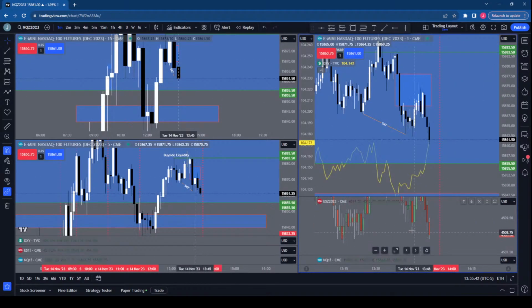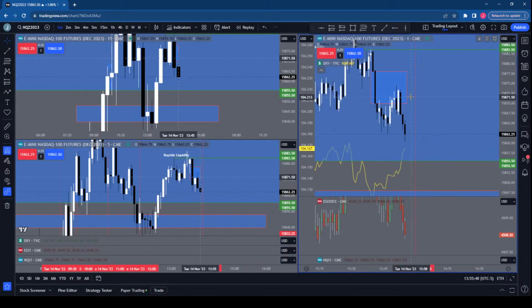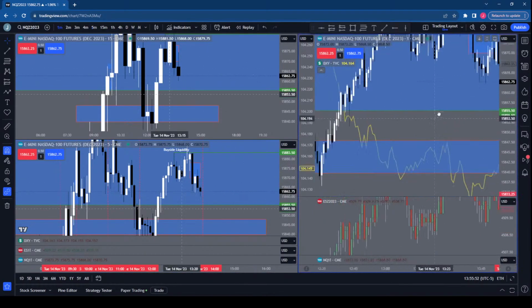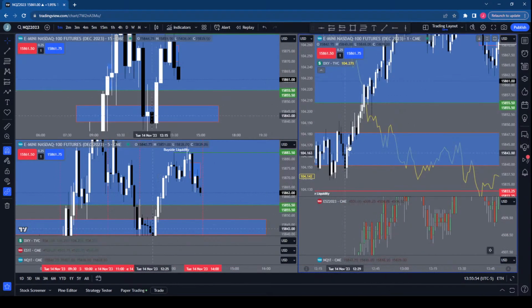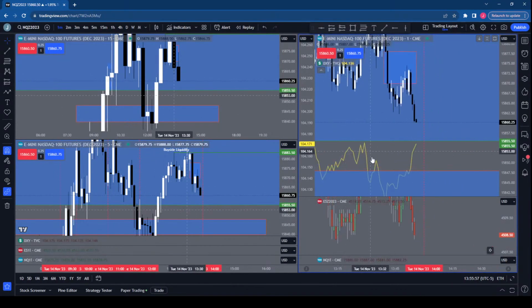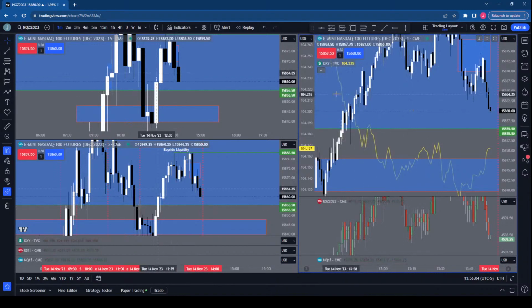Okay, so ES is taking that low. It looks like it's about to. I'm going to take this SMT off. I think the fact that price on the 1 minute delivered with no inefficiency at this buy side run means a lot. There's not much of a turning point around here.